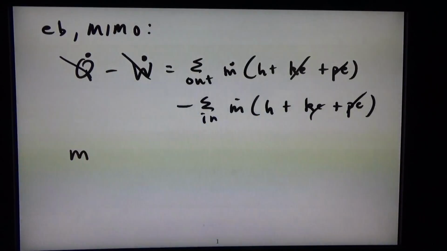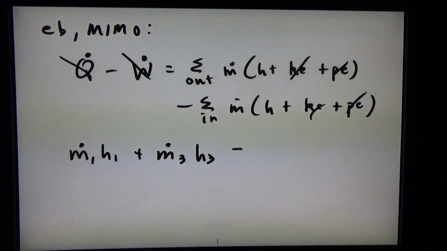So we have mass flow rate at the inlet, 1, and at the outlet, go ahead and write this the original way. So that would be our energy balance for the heat exchanger.